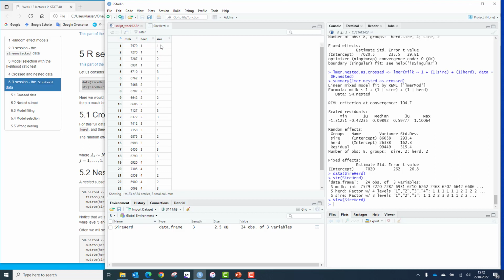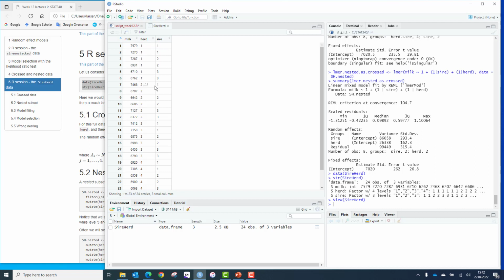In addition to the sires, the fathers of the cows are now also living in different herds. You can think of them as different farms, different environments, right? So now we can see that each of the three sires is father of 2 cows each, and all these 6 cows live in the same herd, producing milk.